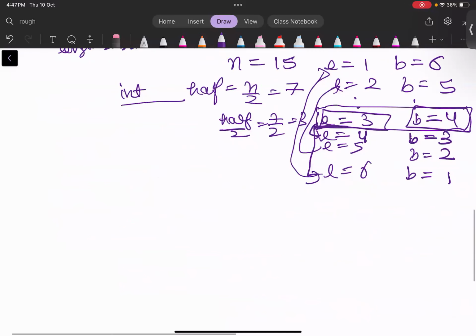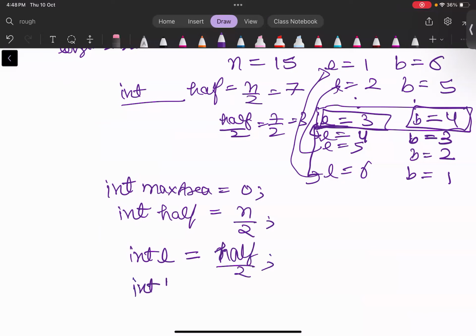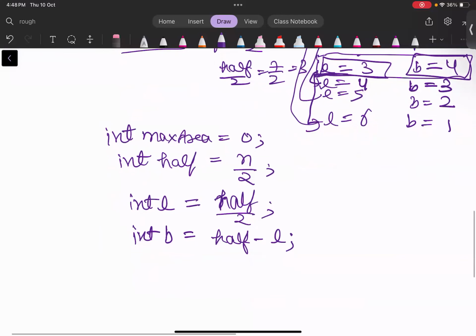So for this question, we simply take max area to store the answer as 0, half equal to n by 2 for given n. Take L equal to half by 2, and we can calculate breadth as half minus length, and store max area.